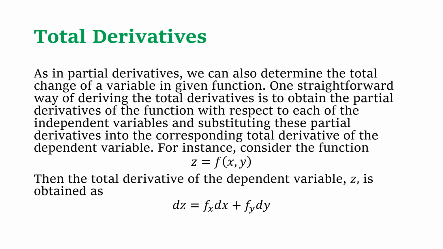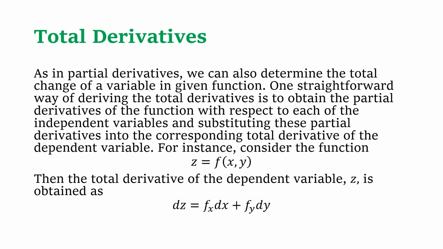We find dz, and then we have fx dx plus fy dy, and that gives us what? dz, right? Now remember, fx is the partial derivative with respect to x, and fy is the partial derivative with respect to y. That's right. Now, what do you observe here?